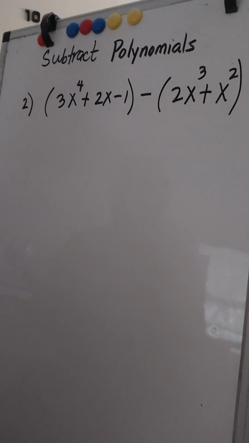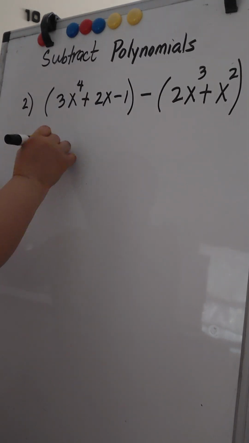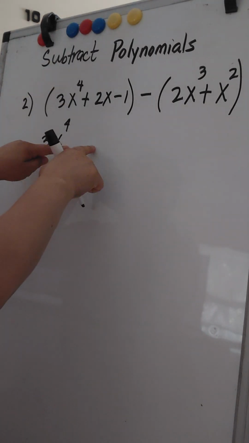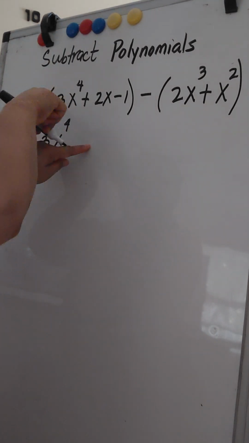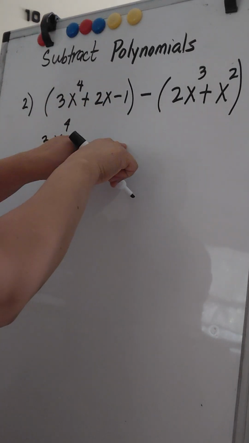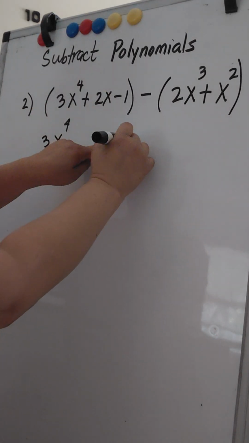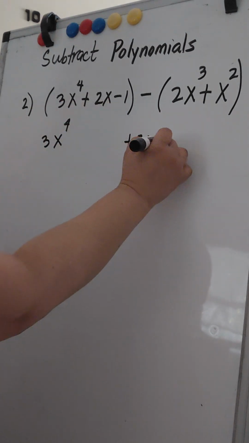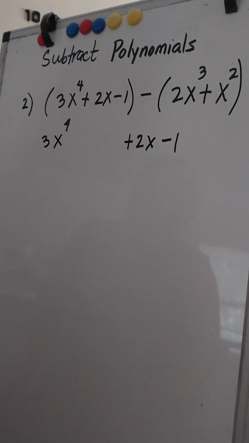So let's take a look at example number 2. We have 3x to the 4th power. After 4, next is 3, so we're going to give space in here. And then we don't have the quadratic term, so another space. And then followed by the linear term plus 2x and then minus 1.